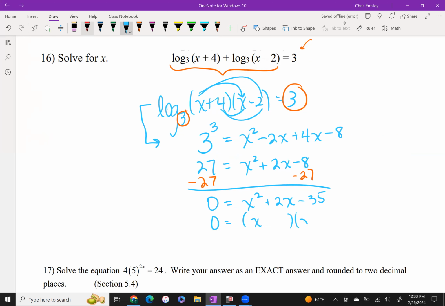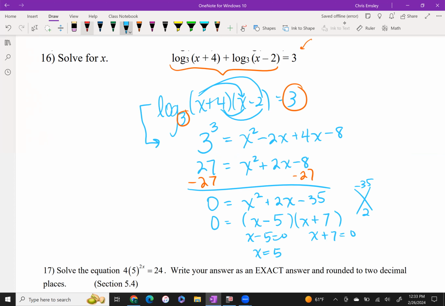So we need to look for factors of negative 35 that add up to 2. So I am specifically going to use a minus 5 and a plus 7 here. There's our factors. Set each one of those factors equal to 0. And we get 2 possible solutions.